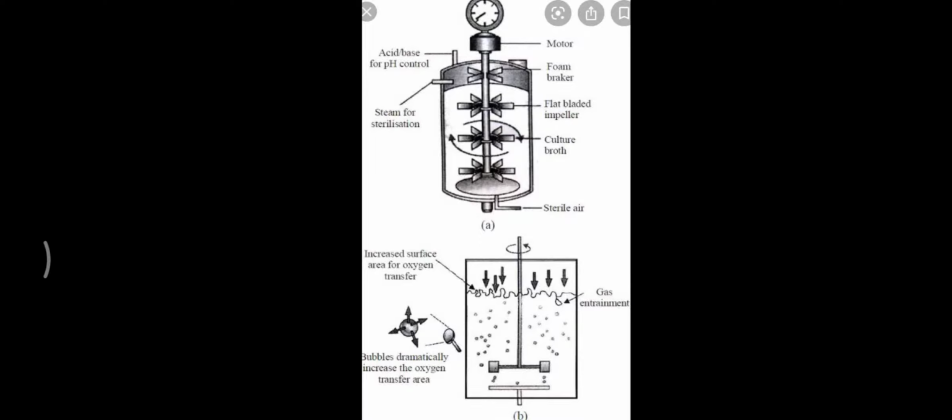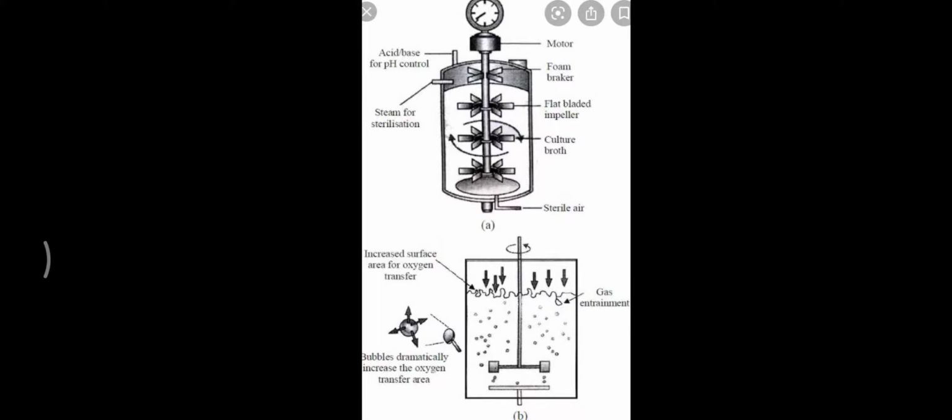The bioreactors have many systems like the agitator system, which is basically used to churn the medium, the oxygen delivery system, the foam control system, then the pH and temperature control systems, and they have sampling ports from where the culture medium is removed periodically.